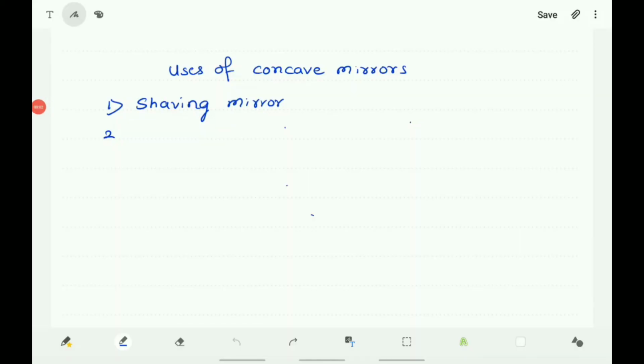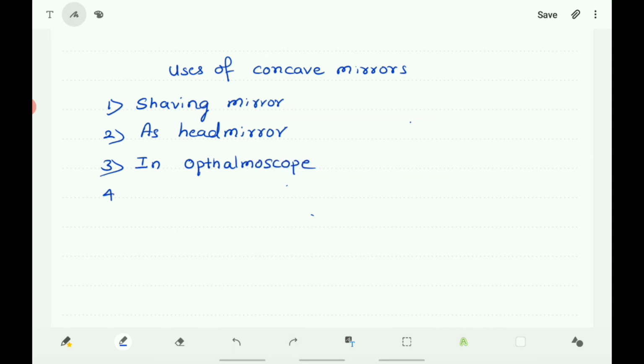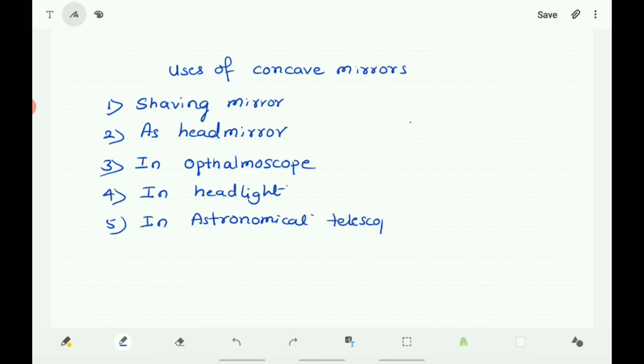Uses of concave mirrors. Concave mirrors are used as a shaving mirror and also as a head mirror, and it is also used in the ophthalmoscope, in headlights, in astronomical telescopes, and in solar furnaces.